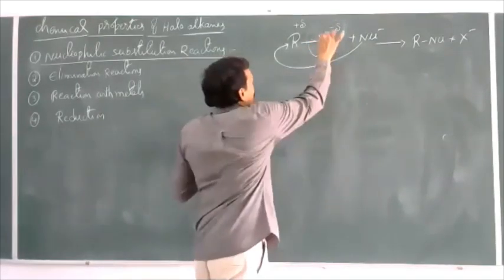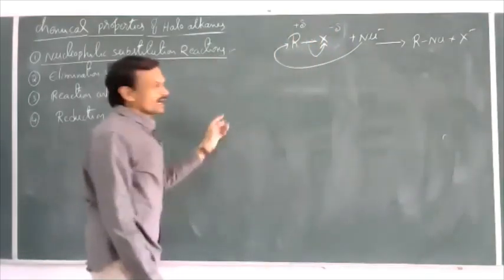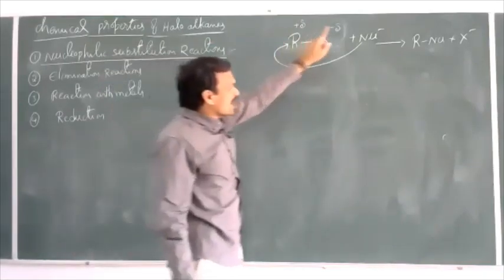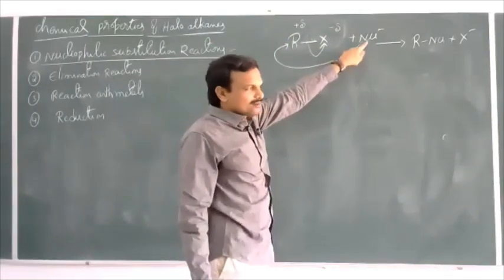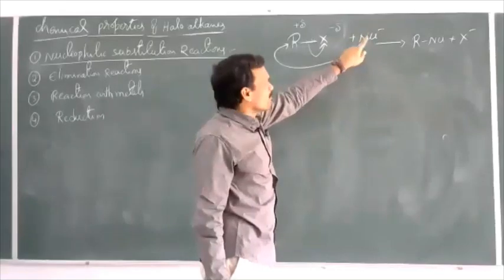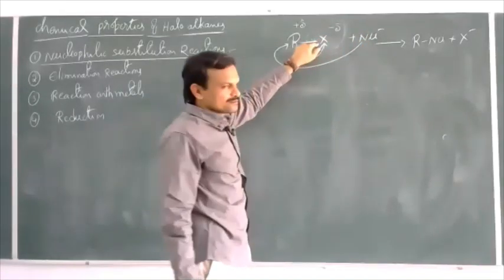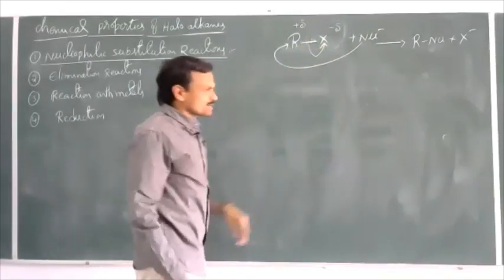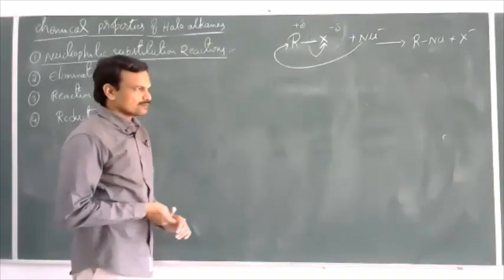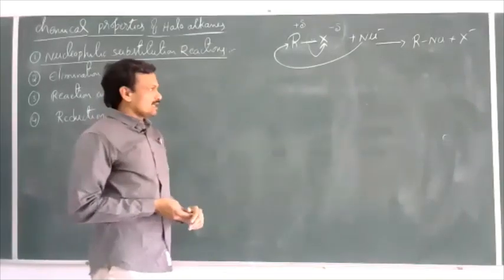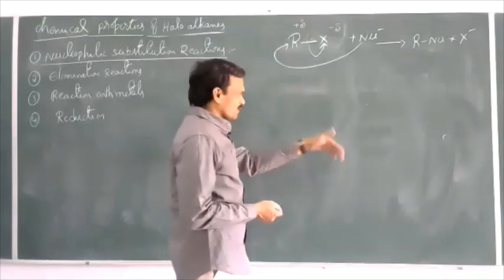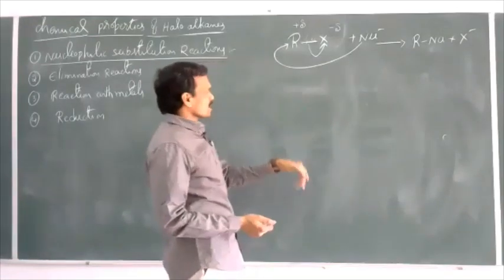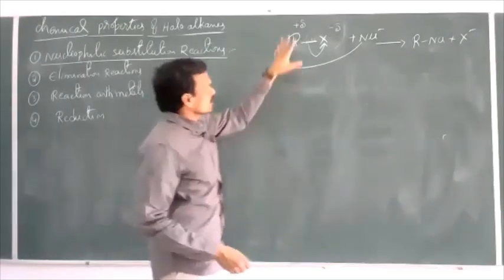One more condition required here is that the attacking nucleophile must be stronger than the existing halide. Again, there are different types of mechanisms, SN1, SN2, SNi, three different types, but the mechanisms we'll discuss later.